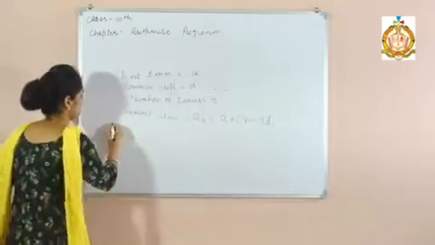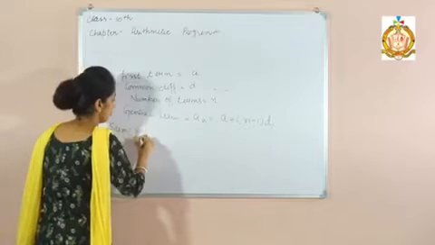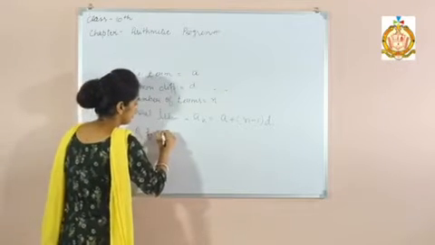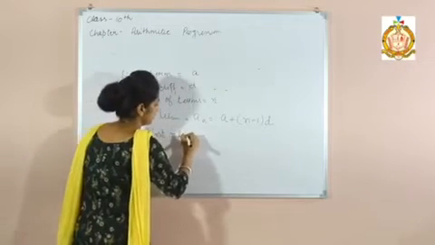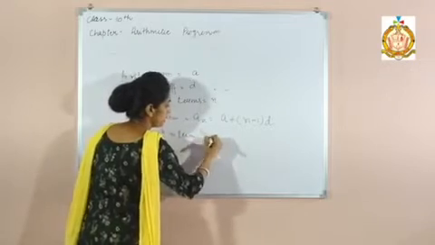And next one is the sum of first n terms. It is denoted by S_n.